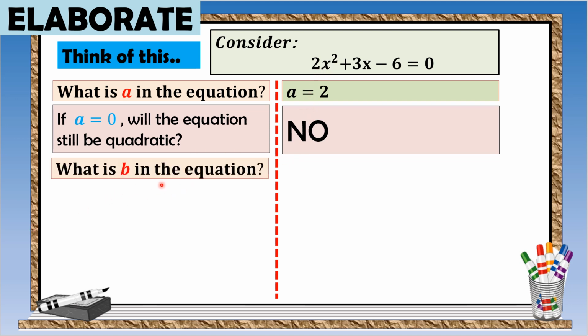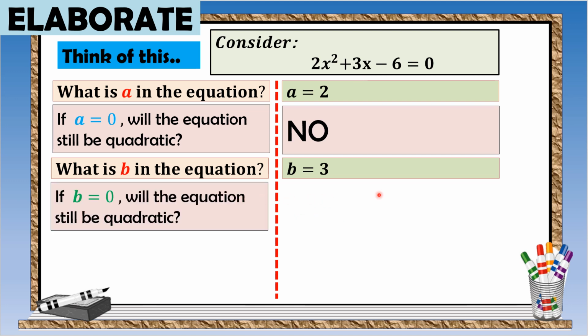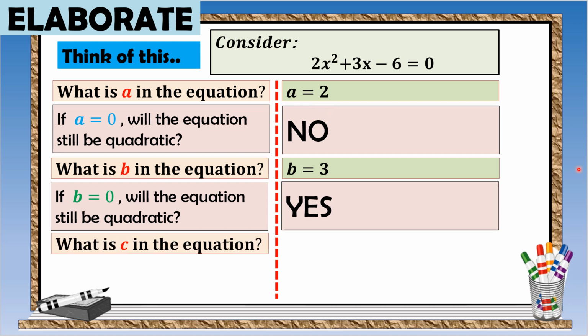Next, what is b in the equation? So b is 3. Since b is equal to 3, will the equation be quadratic if b equals 0? The answer is yes, because we still have the quadratic term of degree 2. What is c in the equation?